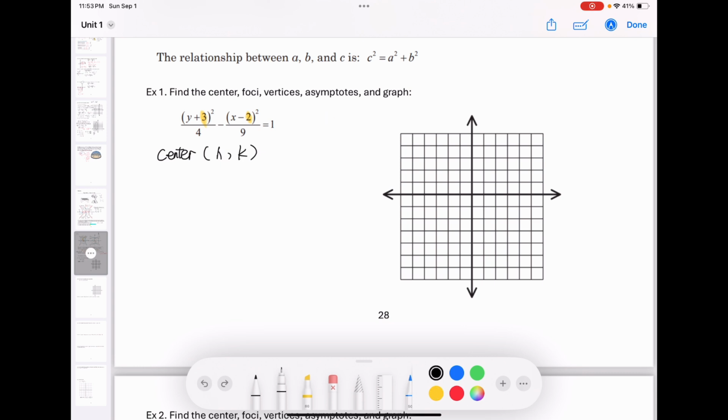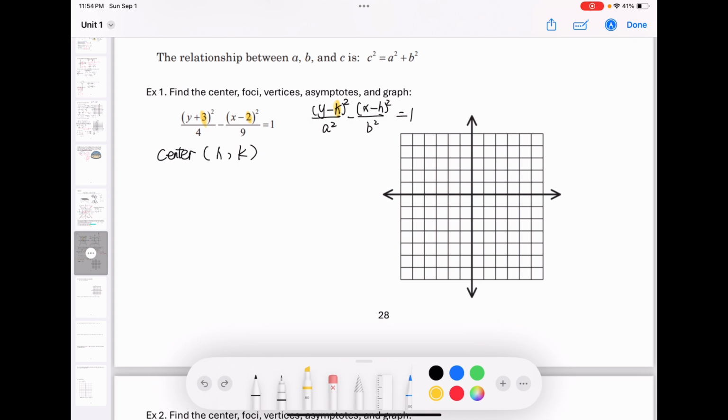If the y perfect square is positive, we have y minus k squared over a squared, minus x minus h squared over b squared is equal to 1. So for k, y minus k, in the parentheses in the equation we have y plus 3.